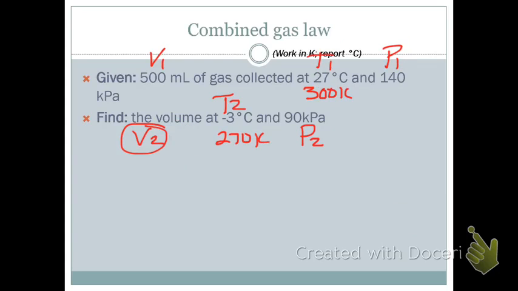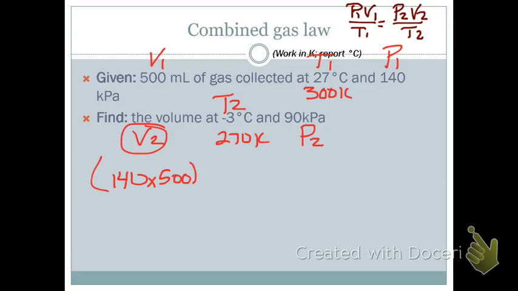So my formula for combined gas law, and I'm going to put that in a different color just so we can see the difference in them, okay, is P1 V1 over T1 is equal to P2 V2 over T2. Again, it's a plug and chug, which is what I'm going to do. So I'm going to take my P1, which is 140, times V1, which is 500.